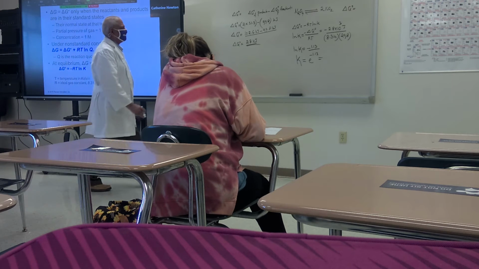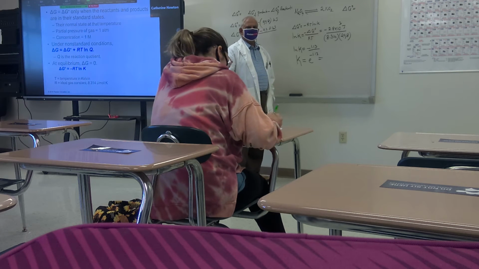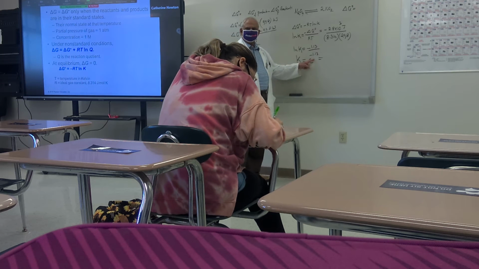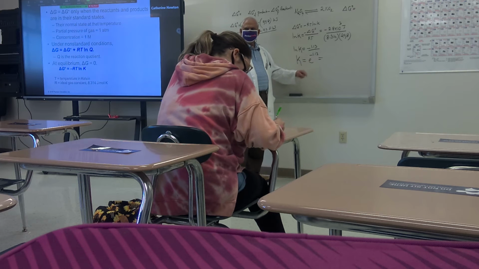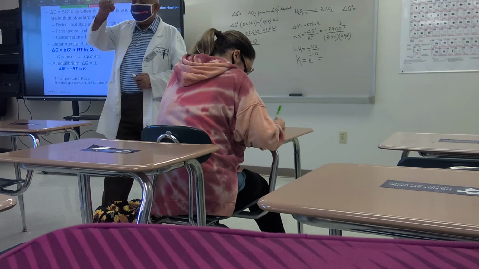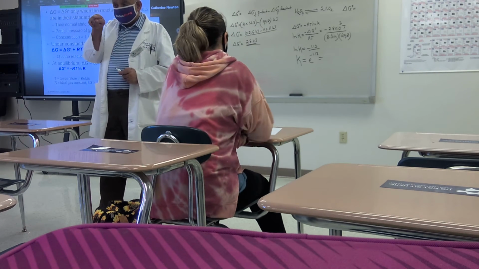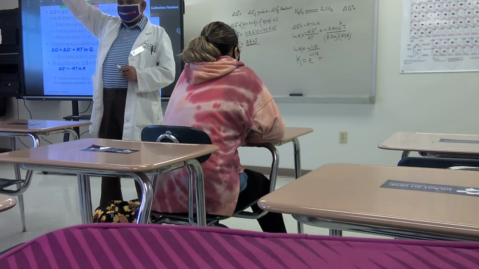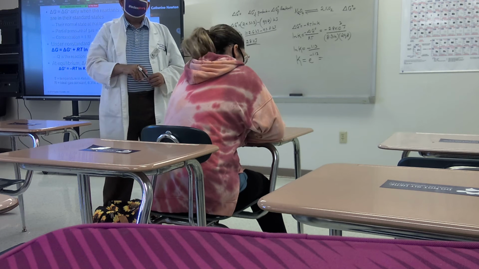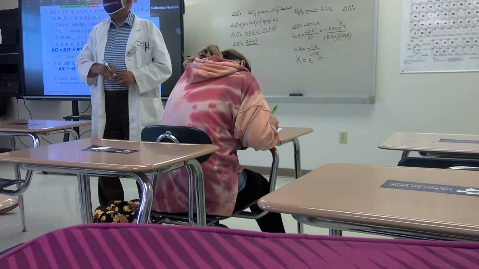Equilibrium constant K equals what? You know how to do this, right? You have to hit the second button, inverse. Second, 10 to the power of negative 1.13. That's what it is.